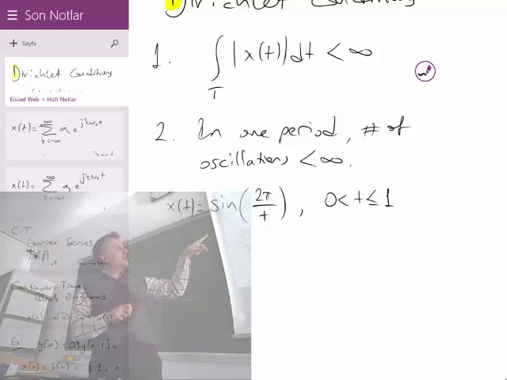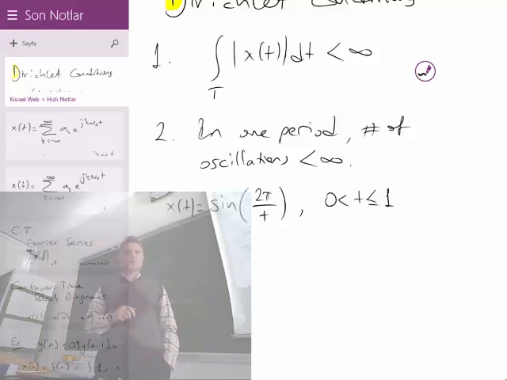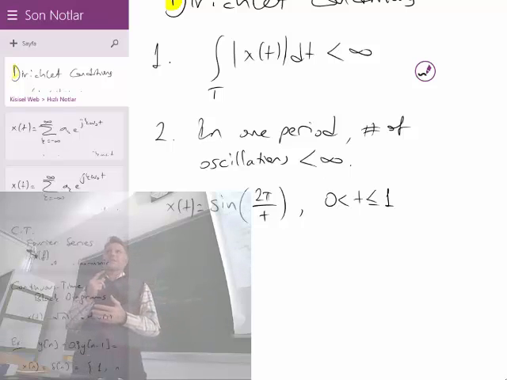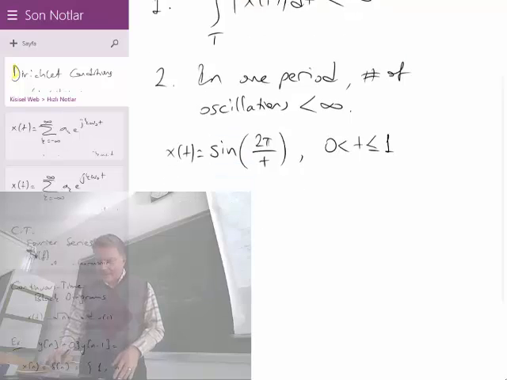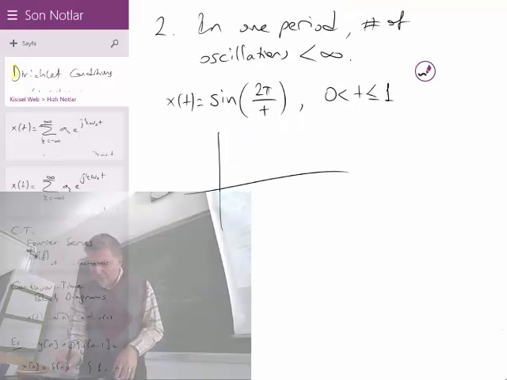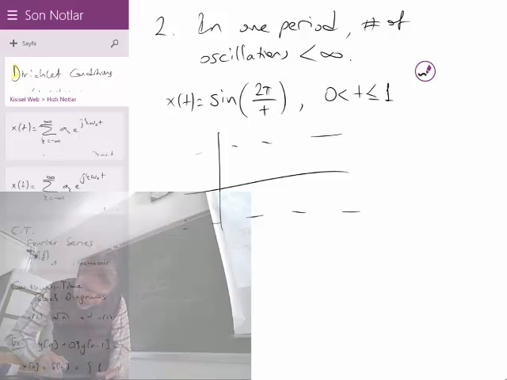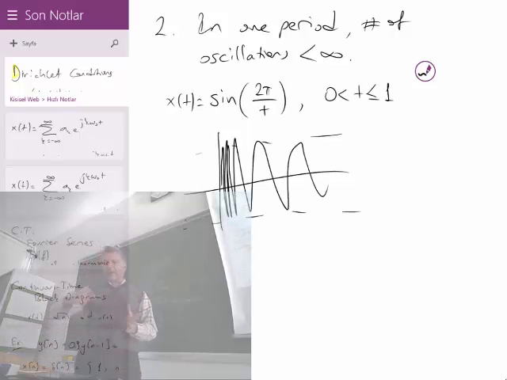But within one period, look at what's happening as t goes to 0. As t approaches 0, 2 pi over t grows like crazy, and therefore the sine of it will make infinitely many oscillations. Just try to visualize this signal around 0. It's a sinusoid, so it is between -1 and 1, but it has infinitely many oscillations, and then the oscillations become wider as t increases.